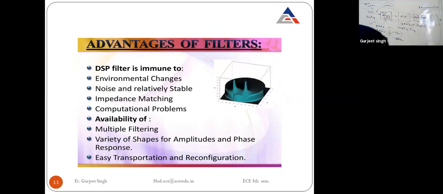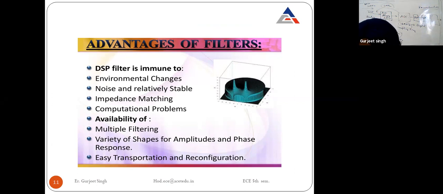Next, these are the advantages of the digital filter. The DSP filter is immune to environmental change. It does not depend upon the environmental change or the noise, and it does not have the problem of impedance matching or computational problems. Another advantage of digital filters is that they can do multiple filtering at a time.